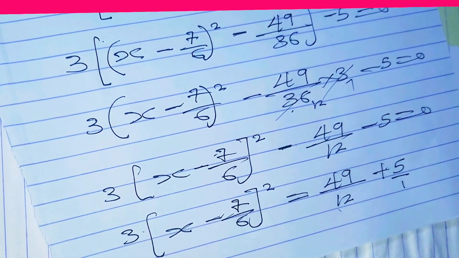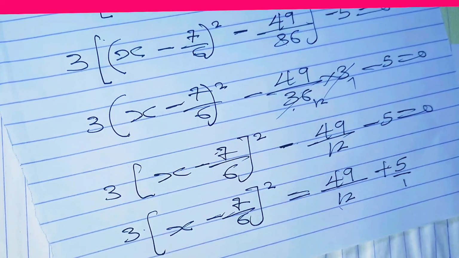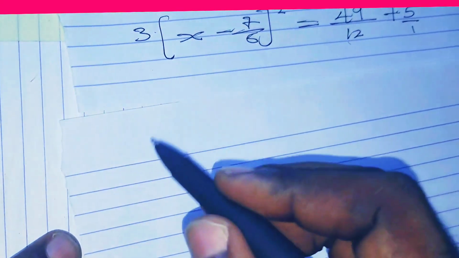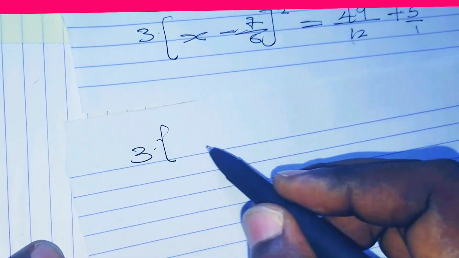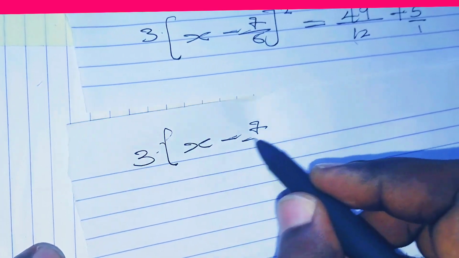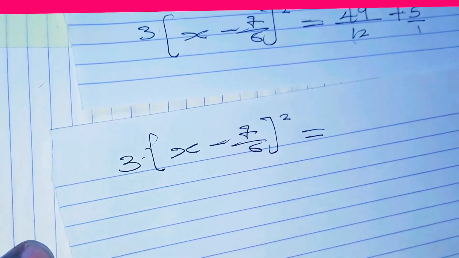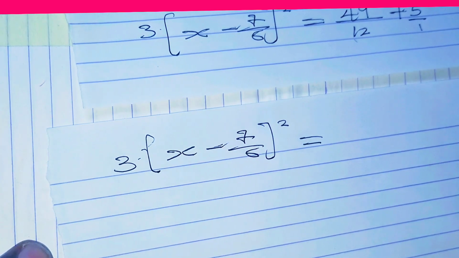So this 5 is the same thing as 5 over 1. And then we go ahead to write 3 in a bracket x minus 7 over 6 squared equal to, we can just harmonize the fraction on the other side there.